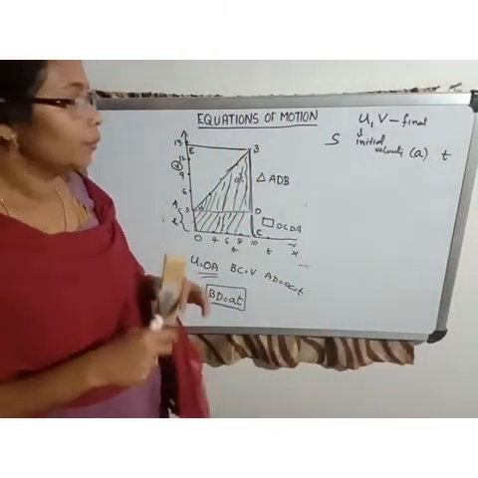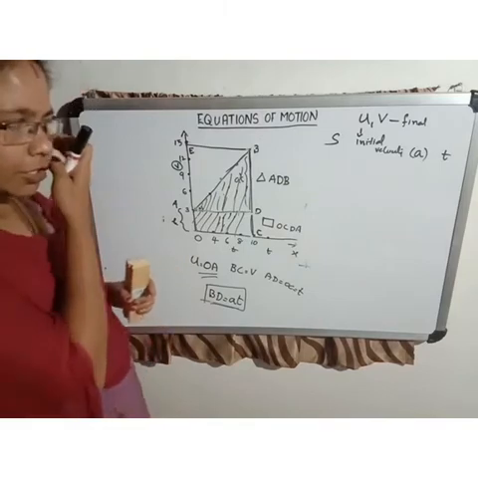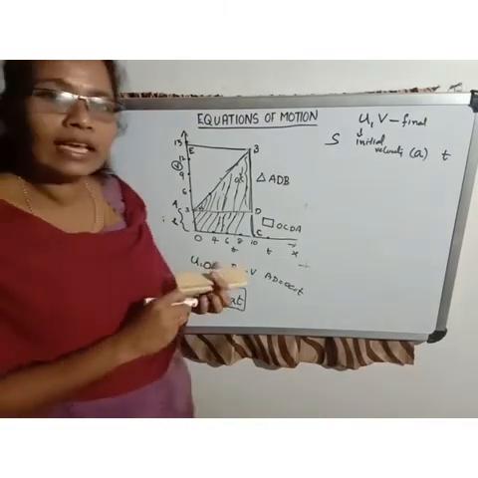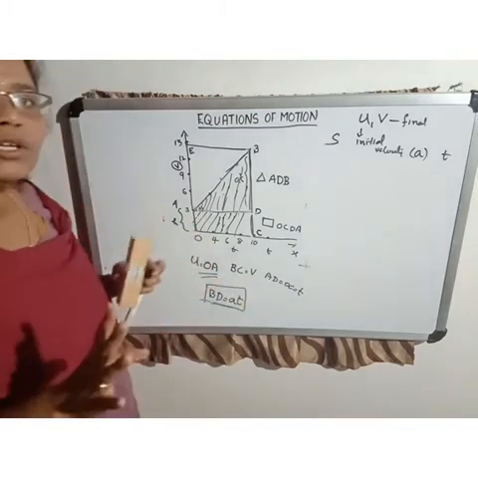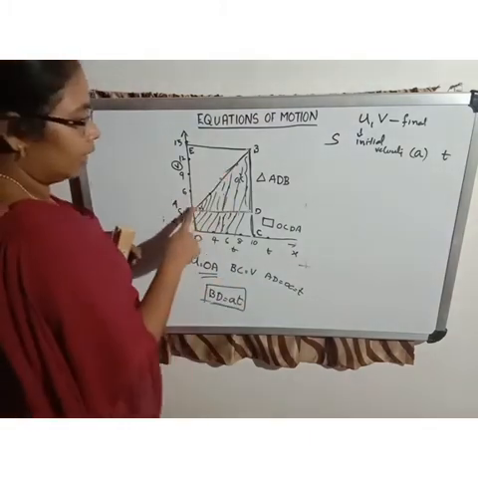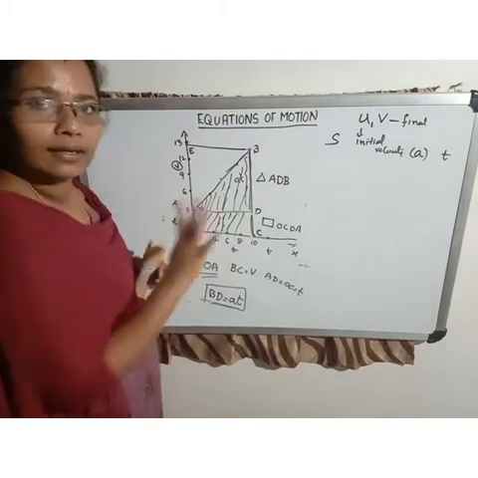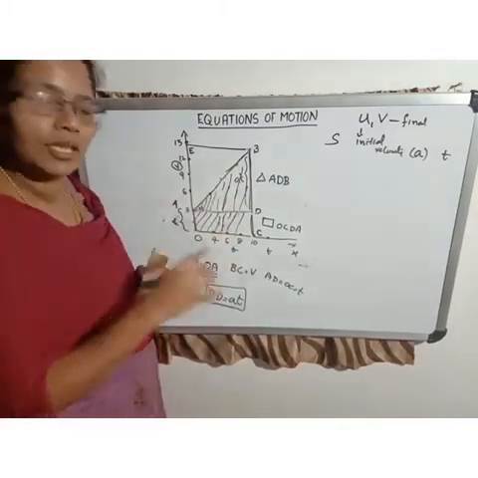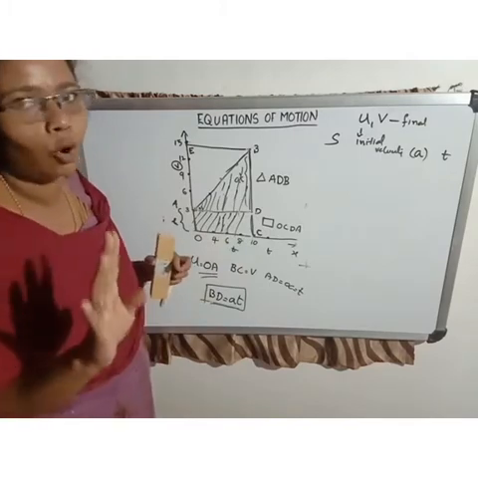So see children, I am going to derive the third equation of motion. For that, I'm taking the same concept. In order to get the displacement, I want to get the area under this graph. But here I am not splitting the whole figure. I am taking the whole figure as a trapezium.